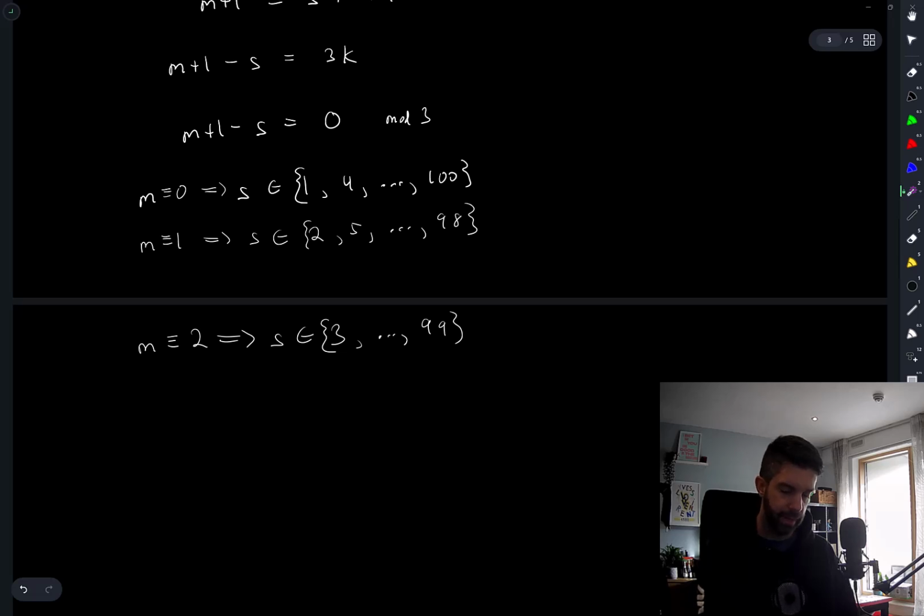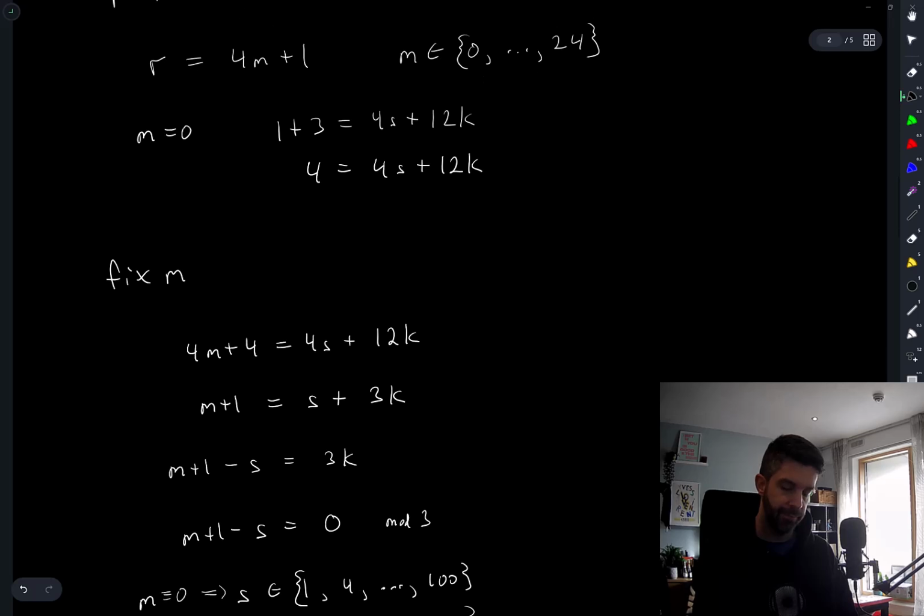So how many values of m are 0 mod 3? I don't want to get some mixed up off by 1, indexing error here. So is it 9 different values? Because if I divide these by 3, I have 8, 7, 6, 5, 4, 3, 2, 1, 0. Yes, there's 9 values.